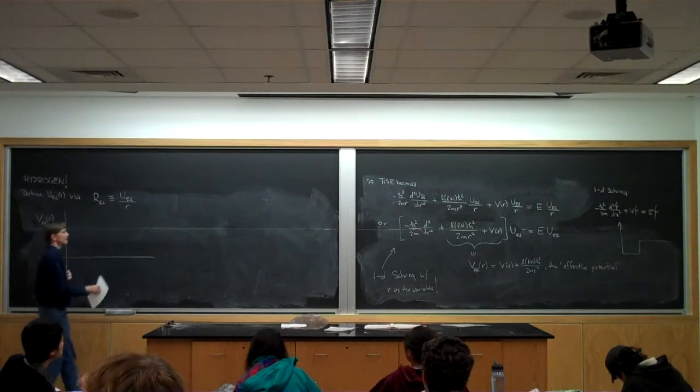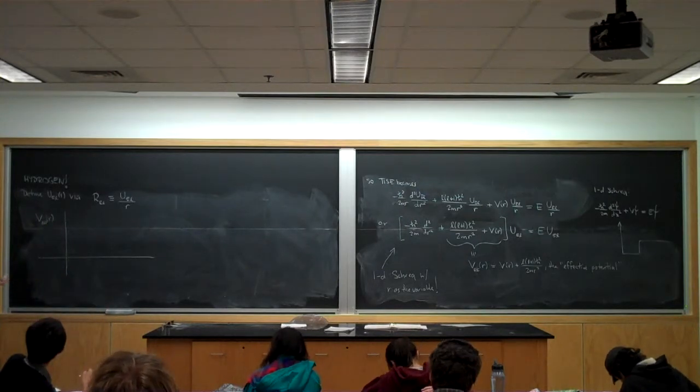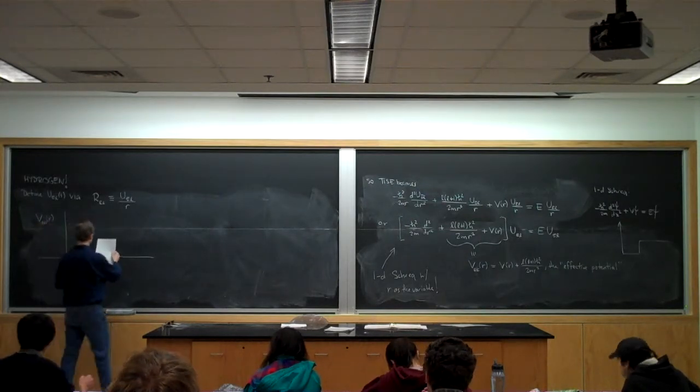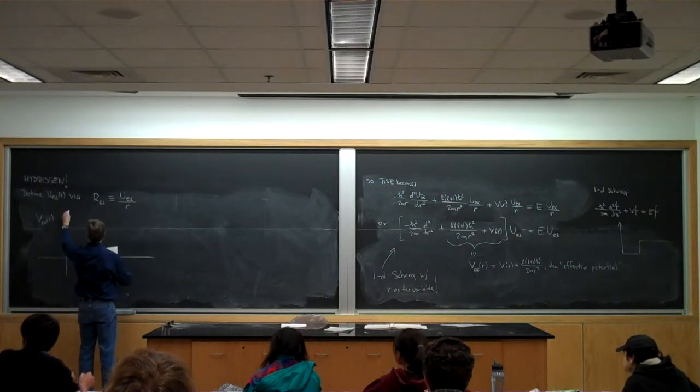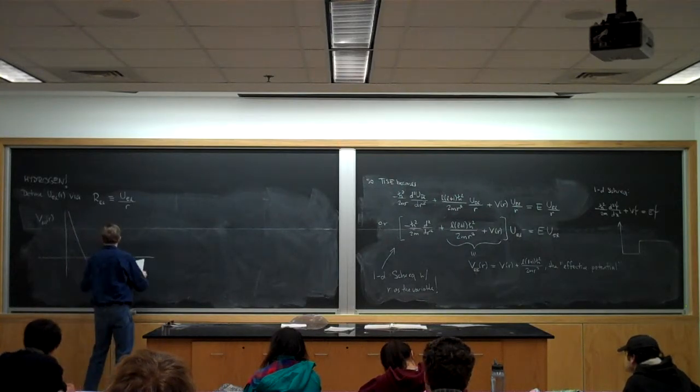It's going to depend on the details of what V of r looks like, but generically speaking, we get something which looks like this.